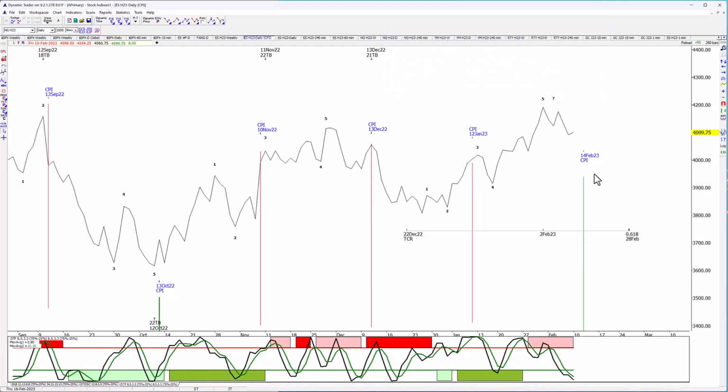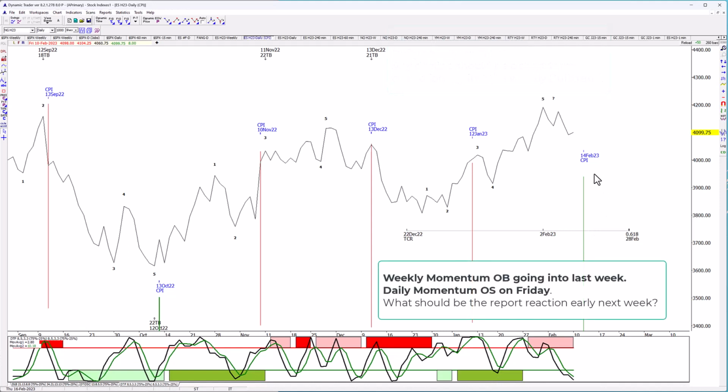Okay, here we come up to the CPI report, February 14th. What do we know going into next week? We know the prior couple of weeks, the weekly momentum has been overbought, so we should be at or near a weekly high. Yet the daily momentum going into the early part of next week is going to be oversold, indicating a daily low.